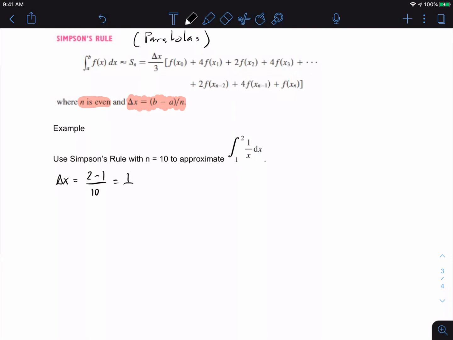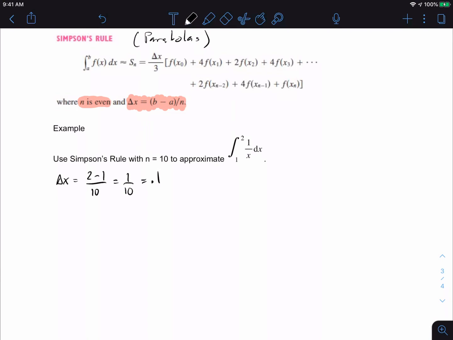So I'm going to have 1 over 10, or for simplicity's sake, we'll just use it as a decimal, 0.1. So delta x being 0.1 means every time I shift over, I'm going to go 0.1 over, right? So I'm going to go from 1 to 1.1, from 1.1 to 1.2, from 1.2 to 1.3, until I get to 2. Does that make sense? Yes. Okay, good.